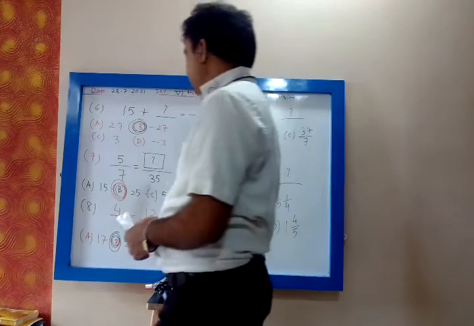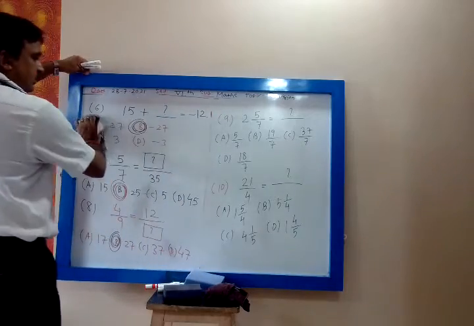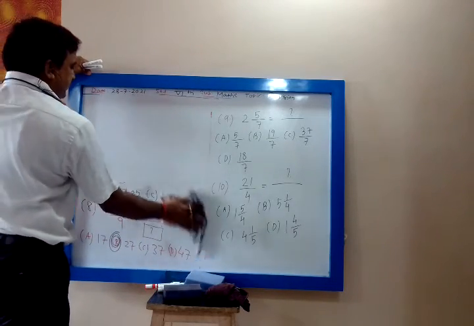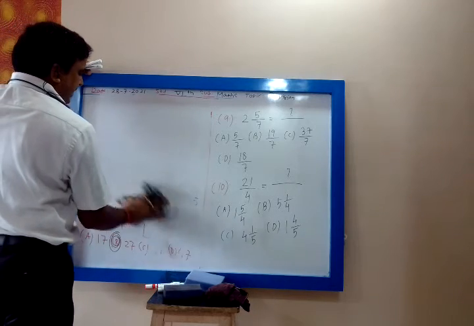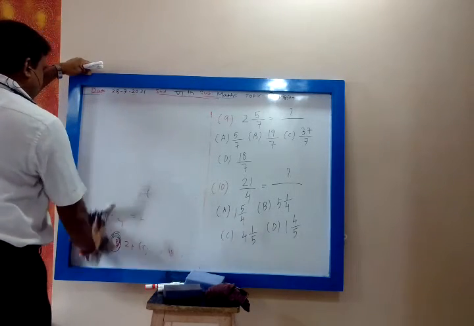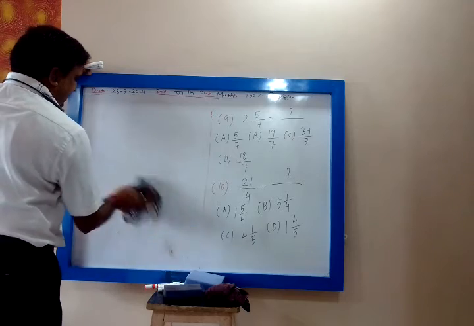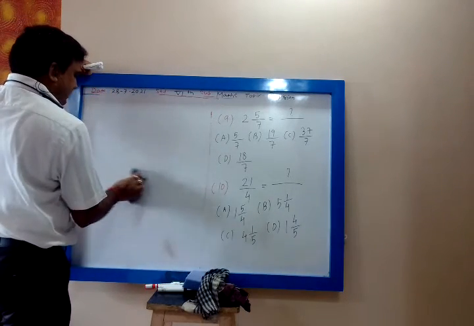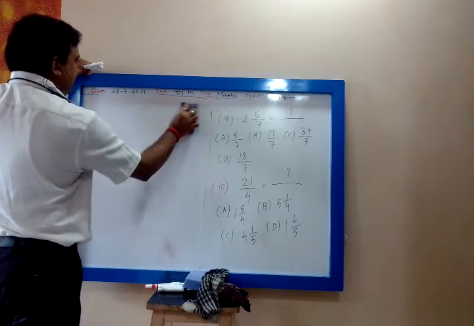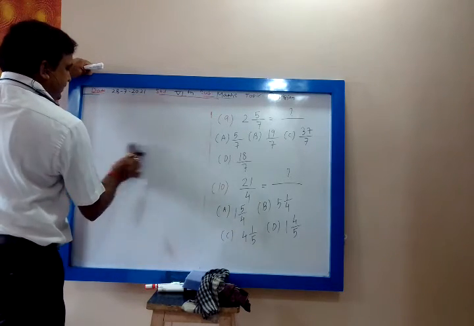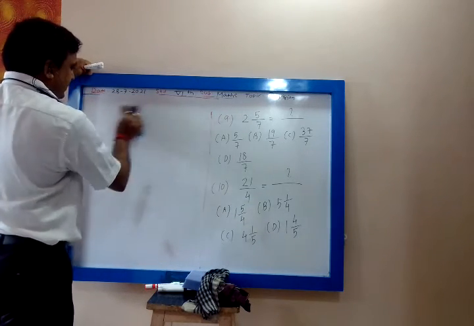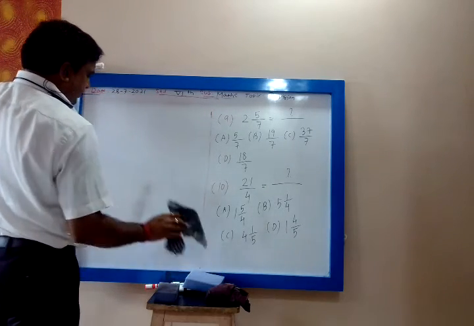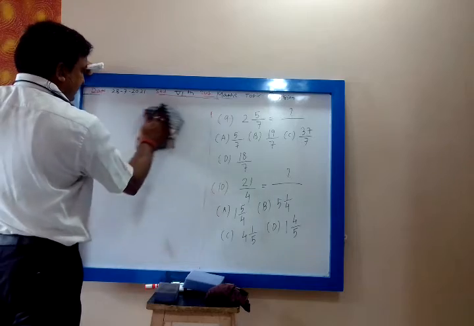Choose the correct answer. Mixed fraction you have to convert into improper fraction. So you have to multiply and add. Then improper fraction you can convert into mixed fraction by division. So first you have to identify the type of fraction. 9th one is mixed fraction and 10th one is improper fraction. Why we say improper? Because numerator is greater than denominator.